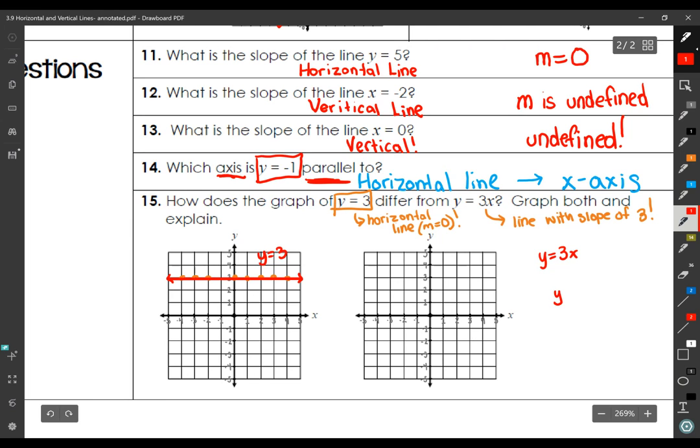Remember, normally lines are written in the form y equals mx plus b. So if we don't have a b value, what that means is that our y-intercept is simply at the origin, right? b is equal to 0. m is equal to 3, which means rise 3, run 1.